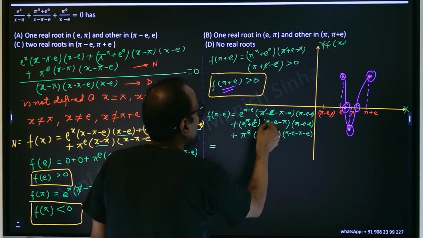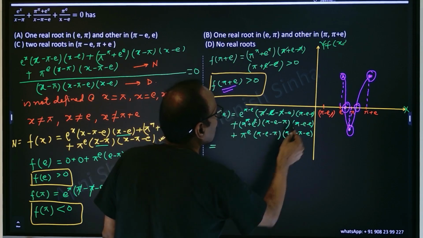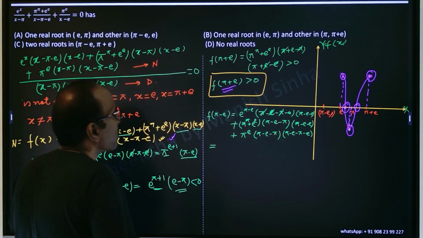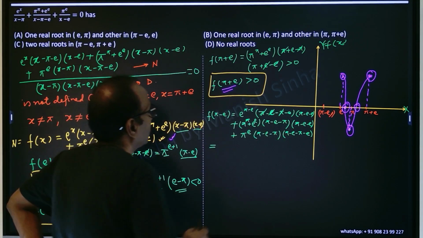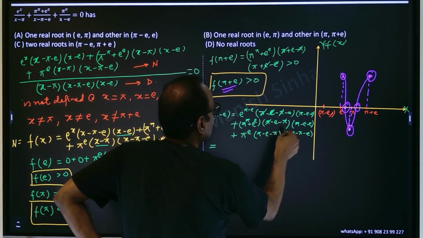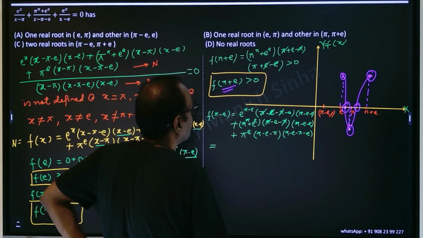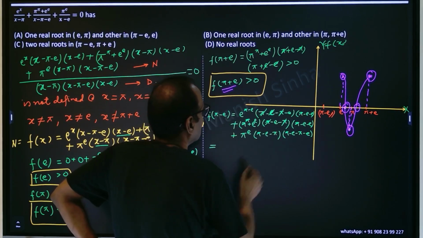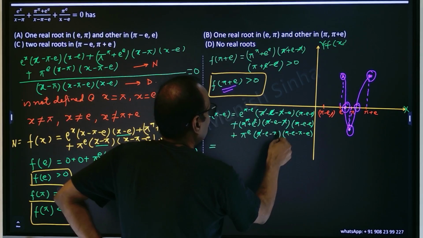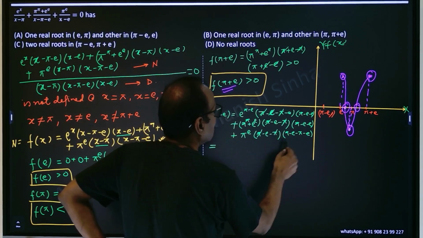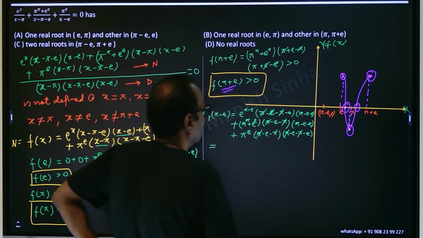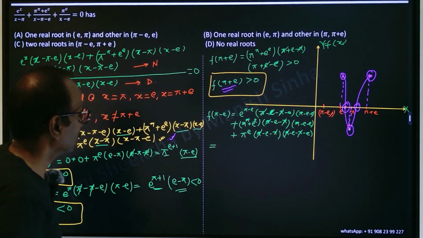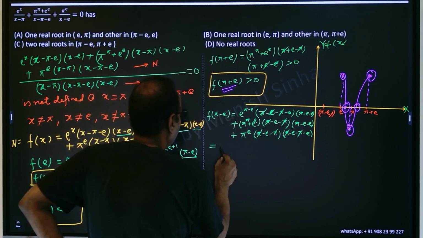No, this is okay. Pi to pi is cancelled. Here pi to pi is cancelled. So what we got for the first term?